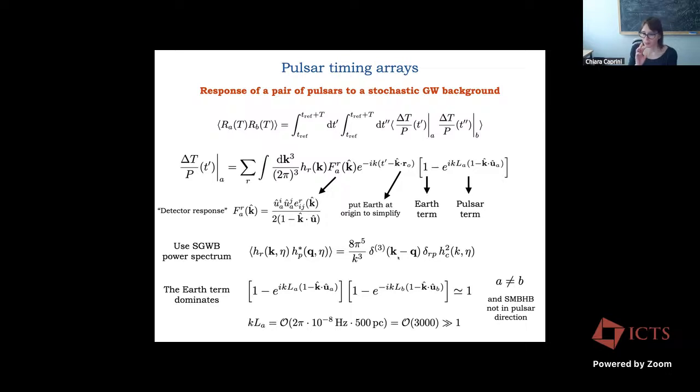Of course, this is for this particular situation in which this power spectrum is given by the superposition of the gravitational wave emission of all supermassive black hole binaries in the universe.